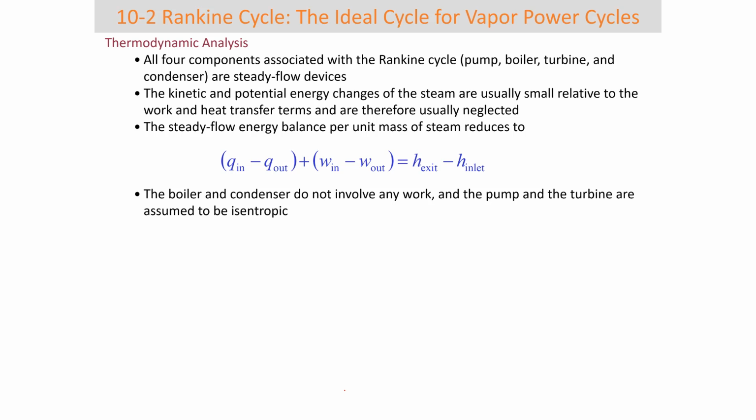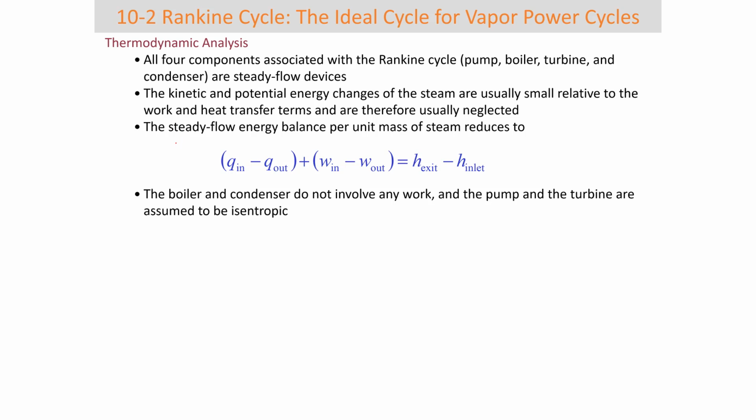All four components associated with the Rankine cycle, i.e. the pump, the boiler, the turbine, and the condenser, are all steady flow devices. So the kinetic and potential energy changes of the steam are usually small relative to the work and the heat transfer terms, and therefore usually neglected.